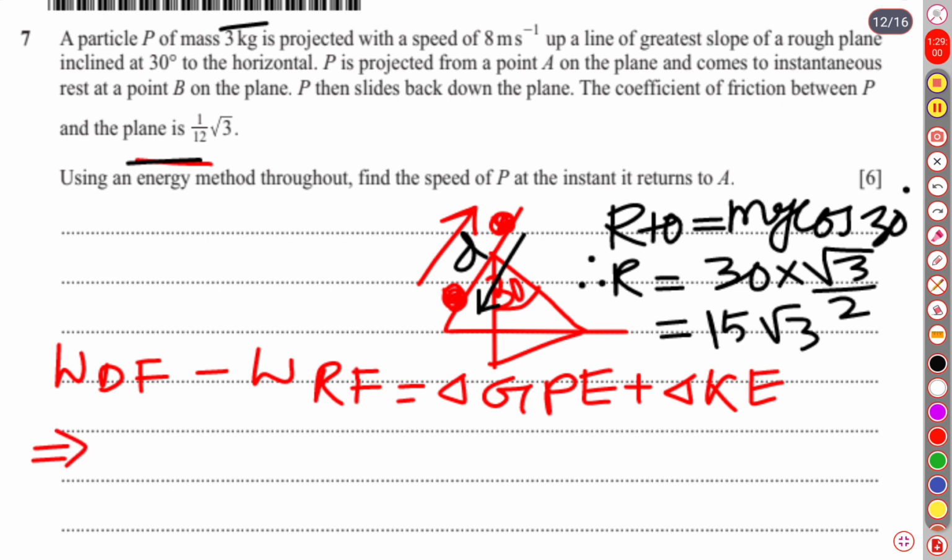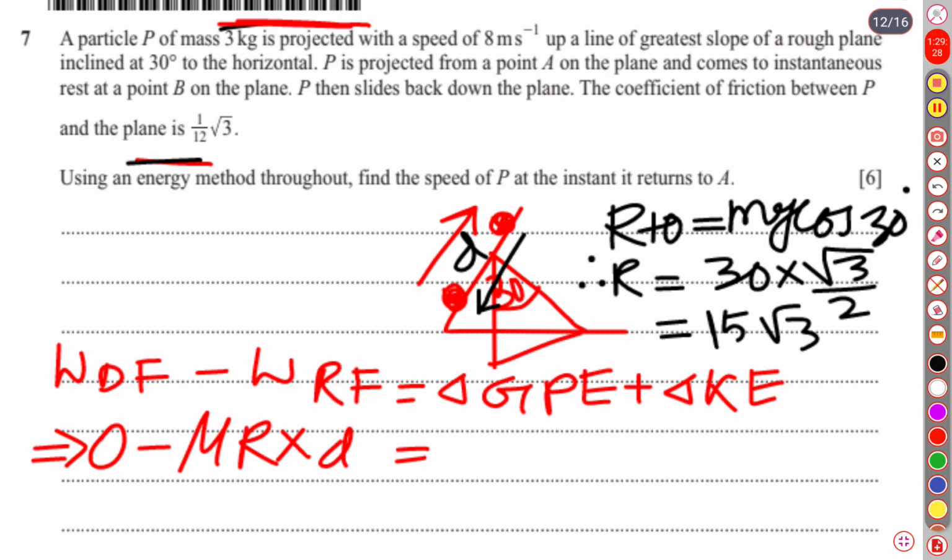As the particle was projected, there is no external driving force. That's why the work done by the driving force is zero. Then the work done against resistance to motion is mu R into displacement. Displacement has been supposed to be d, so let us write d, equal to the change in GPE.